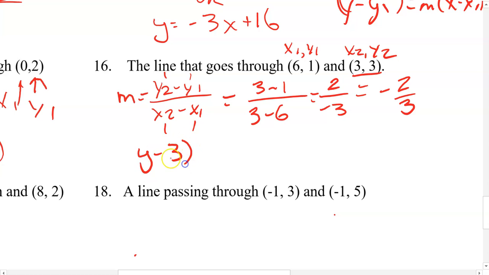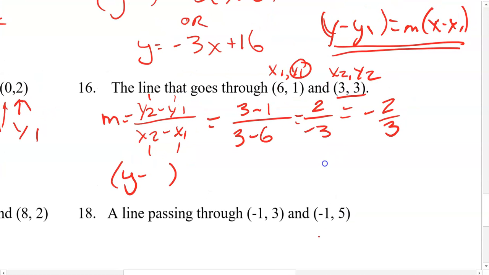By the way, it also doesn't matter which one you call it. For consistency, I'll go ahead and use y1 since the equation asks you to use y1, but it doesn't matter. Y minus 1 equals negative 2/3 x minus x1, which is 6.